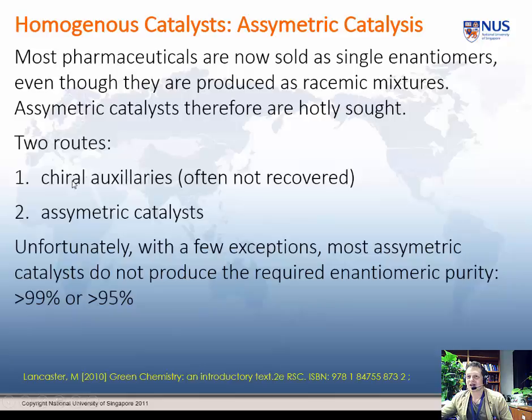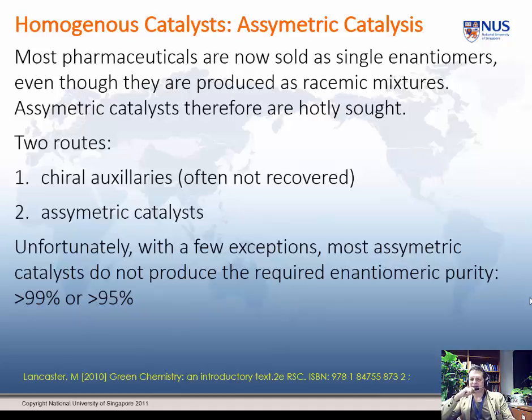Now, there are two routes. One is chiral auxiliaries, where you basically have a reagent which is chiral and you waste it to make sure that you get your product in the right chiral form. The other is asymmetric catalysts. Now, not all the way home yet.